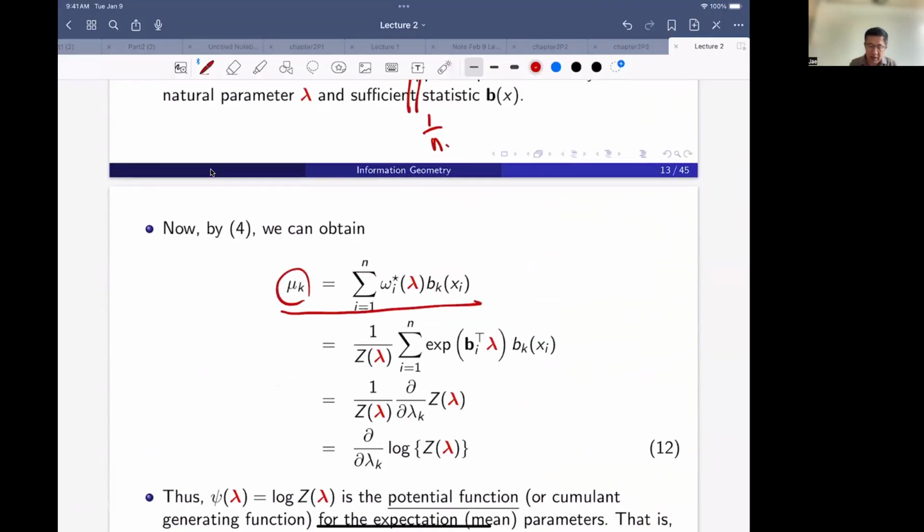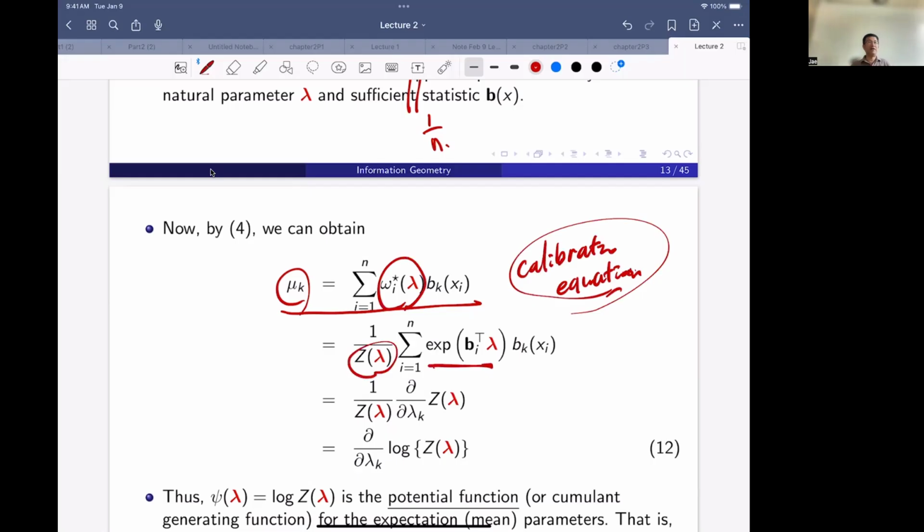So given mu k, we will choose lambda to satisfy this equation, right? So that is basically the calibration equation or calibration constraint. And now this particular function is an exponential function and normalizing factor.